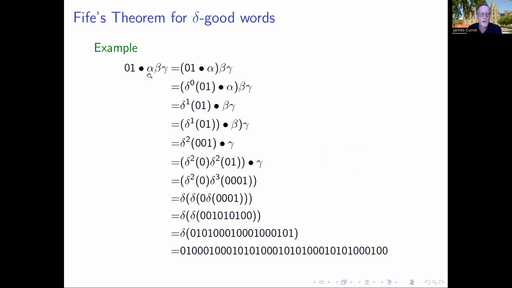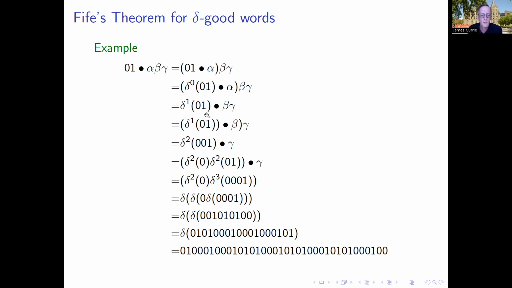So here's an example of how these operations work. If I have 0, 1 bullet alpha, beta, gamma, this means 0, 1 bullet alpha, and then we apply beta, gamma. And for alpha, 0, 1 starts with the empty word followed by delta 0 of 0, 1. So it's replaced by the empty word followed by delta 1 of 0, 1. Now I apply beta. So here's something starting with the empty word followed by delta 1 of 0, 1.